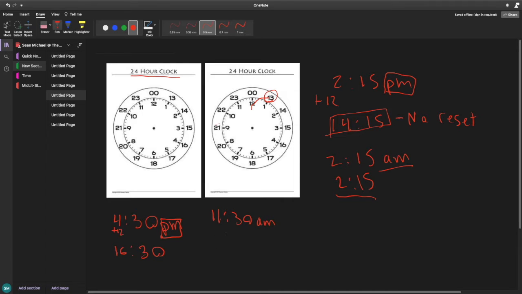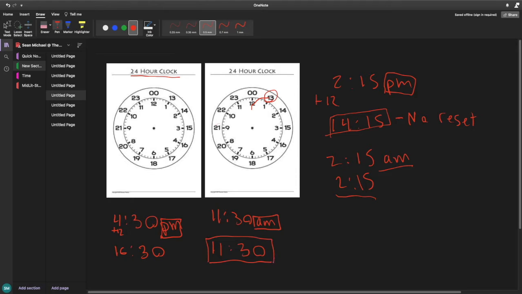And here you are not going to do anything because you're in the AM time. You are before midday or noon, so it hasn't reset yet, and you don't have to add anything. This is 11:30, and that is how you say it.